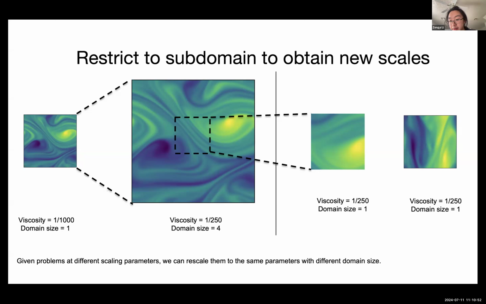Its behavior will be similar to the datasets if we directly generate datasets of viscosity 1 over 250 with domain size 1. So basically, by rescaling the uniform size of domain and restricting to a random subdomain, we can augment the datasets to get different scales, or say any scale smaller than the given scale.